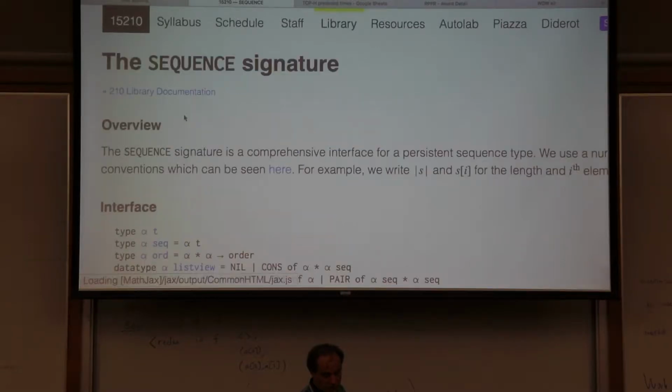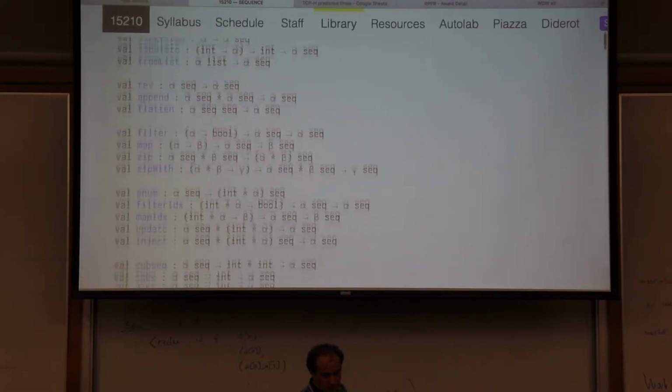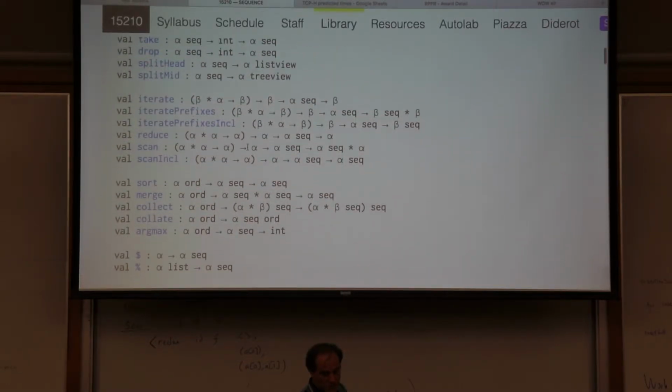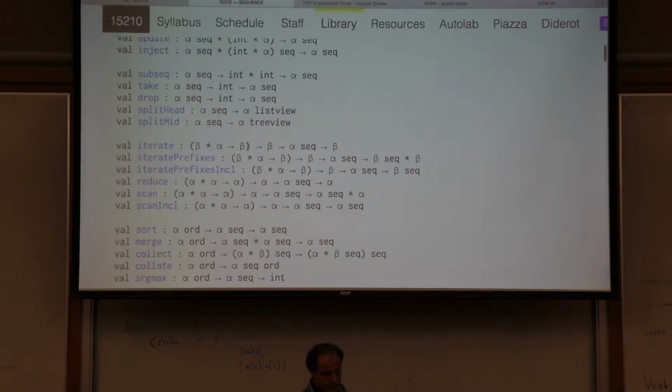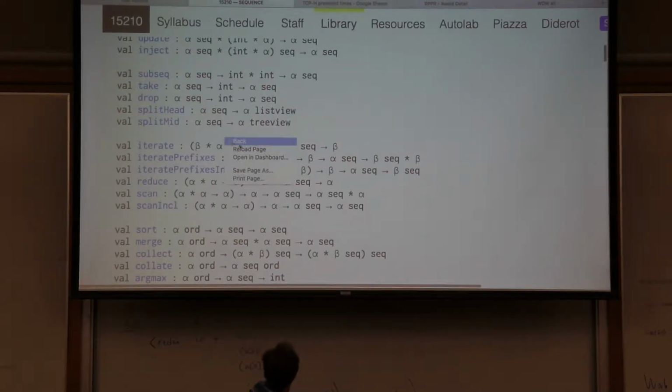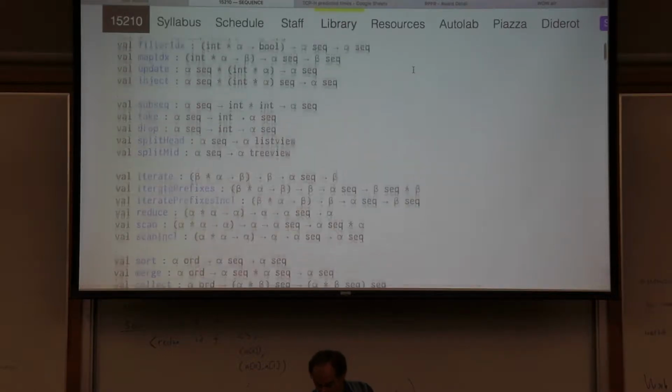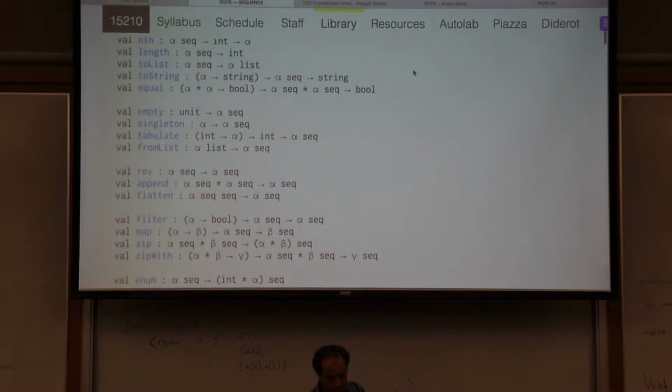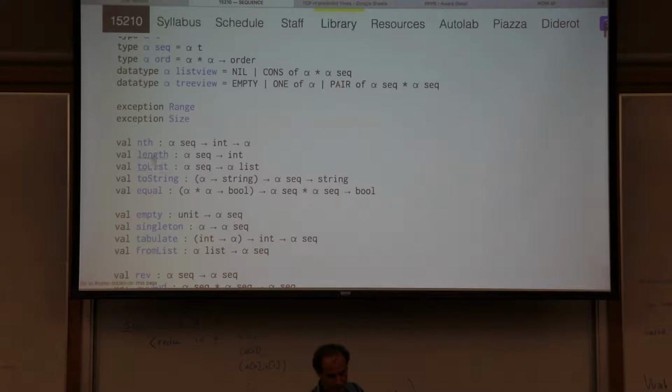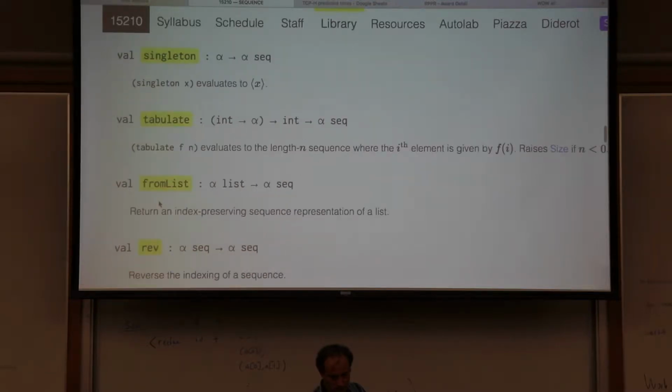If you click on sequence, you're going to see all the operations that Umut talked about today, including iterate and iterate prefixes, reduce, scan, split mid, subseq, a bunch of different operations. If you click on them, it gives you the type and some description of what they are.